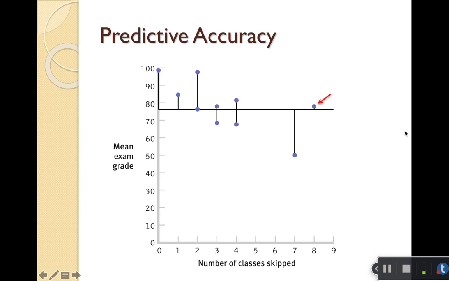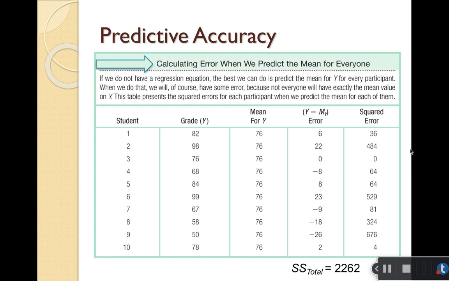Similarly, these two people are quite a ways above the average. So the mean, or guessing the average for everyone, is not awful, but it's definitely not very accurate in looking at this graph. So the question is, is the regression line doing a better job of fitting these data than just guessing the mean for every single person?